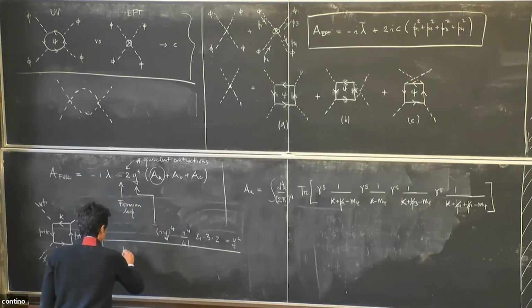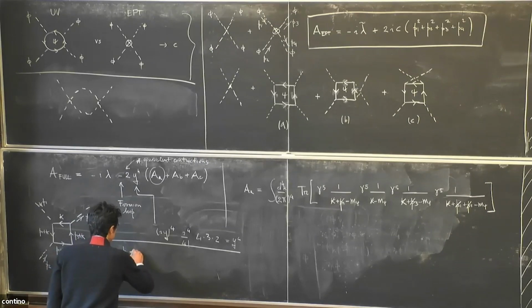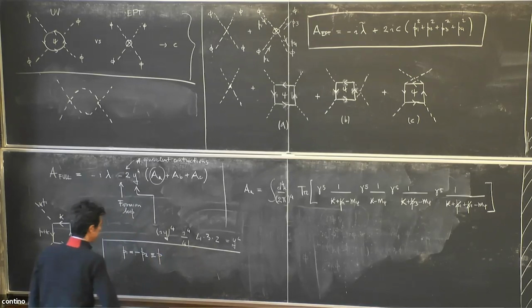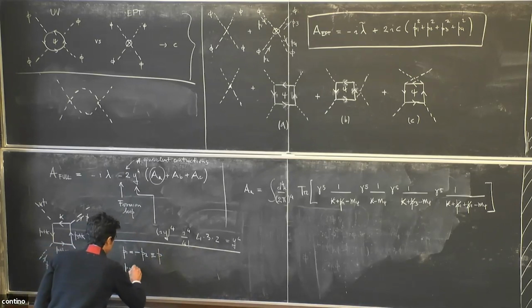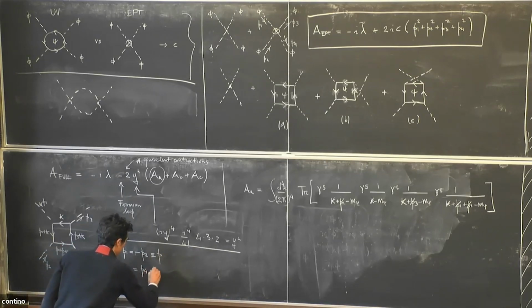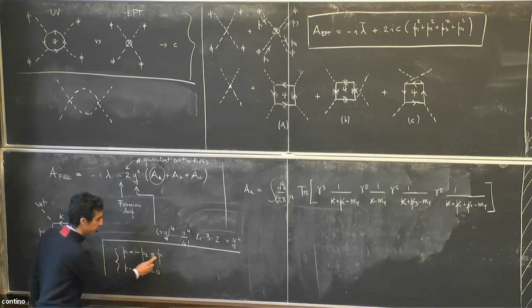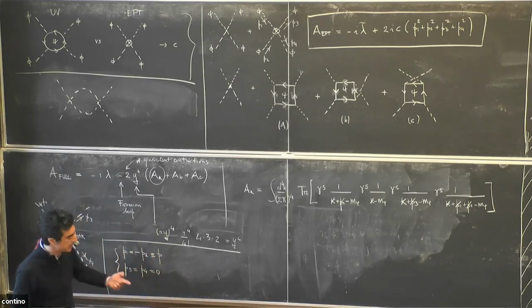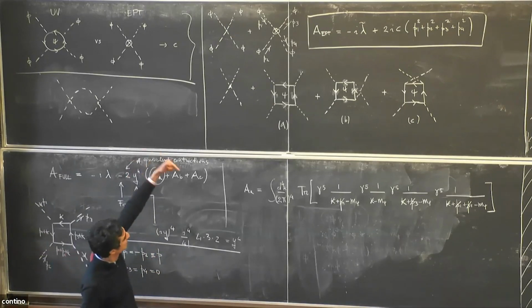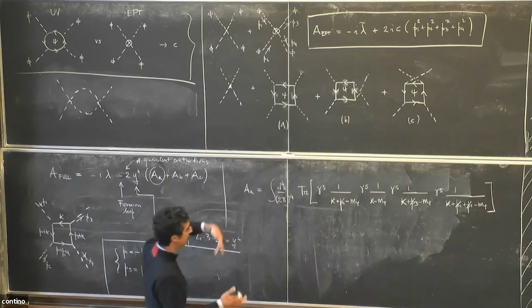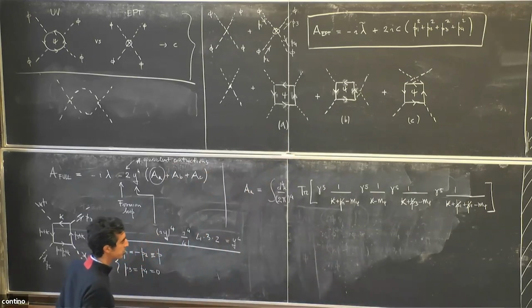I will choose P1 equal to minus P2 equal to P, and P3 equal to P4 equal to 0. That's just for convenience. In other words, there is some momentum P which enters into the first leg and goes out on the second leg, but the P3 and P4 are 0.